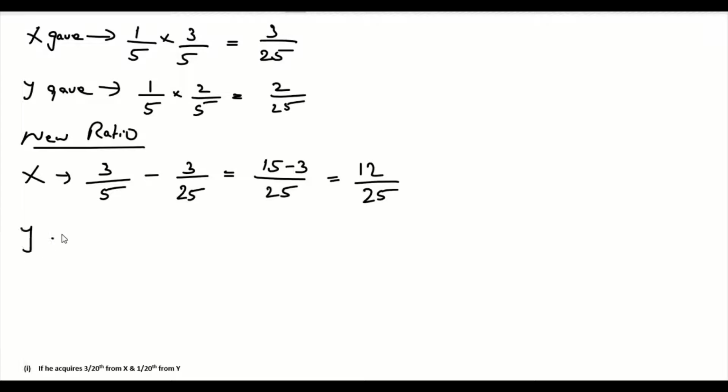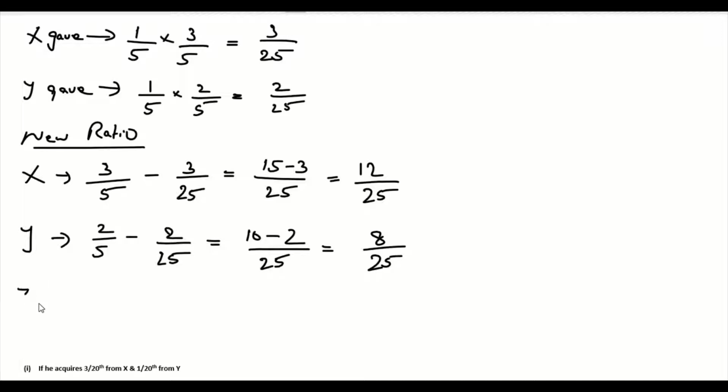And for Y, his original share is 2/5. He sacrificed 2/25, so we subtract that. That gives 10 minus 2 over 25, which is equal to 8/25.